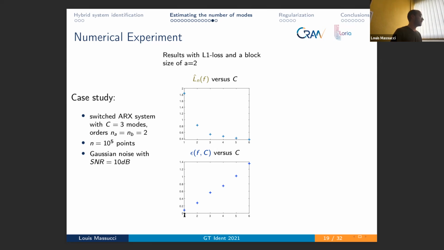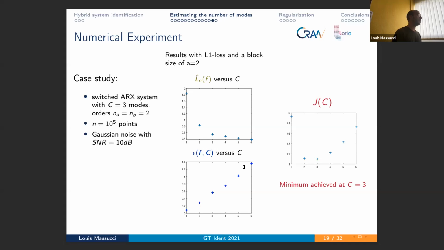And indeed, as the number of modes is increasing, the model tends to be more and more complex. So when we have too many modes, we tend to overlearn. Finally, by summing these two terms, we obtain the bound, the criterion J of C. And we can see that a minimum is achieved at C equal to 3, which corresponds to the true number of modes of the system we are studying.